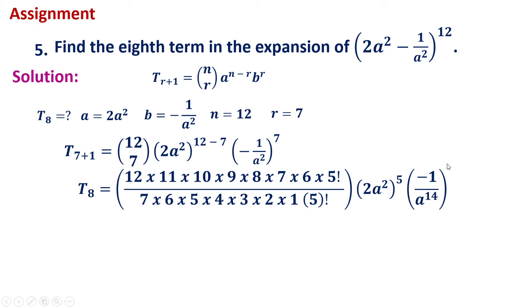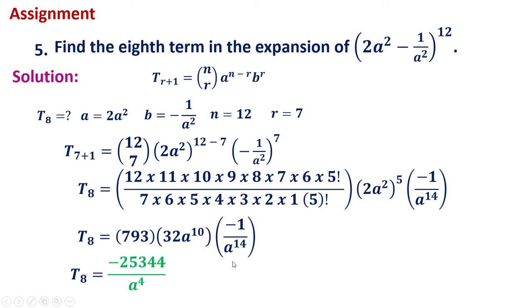This one is 793 multiplied by 2 to the fifth power is 2 times 2 times 2 times 2 times 2. So, we have 32. So, 2 times 5 is a to the 10th power. So, negative 1 over a to the 14. Ayan. So, pag multiply natin to, negative 25344 over a to the 4. Kasi nga, 10 minus 14 is negative 4. I-reciprocal lang natin para siya maging positive 4.